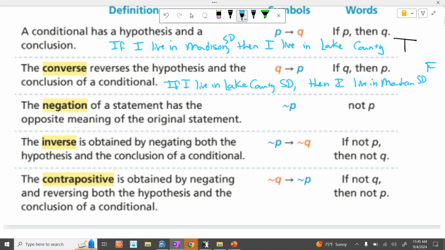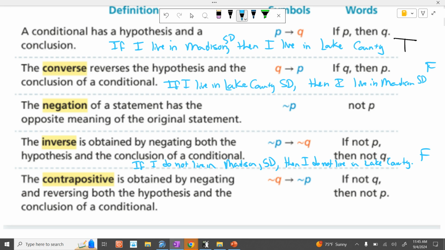So for the inverse, it would say, if I do not live in Madison, South Dakota, then I do not live in Lake County. True or false? That's false. Because if you don't live in Madison, you could live in Chester and still live in Lake County.